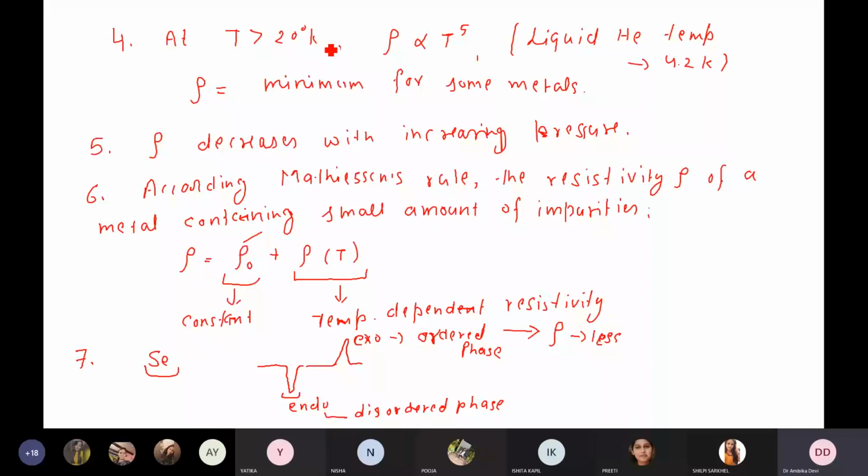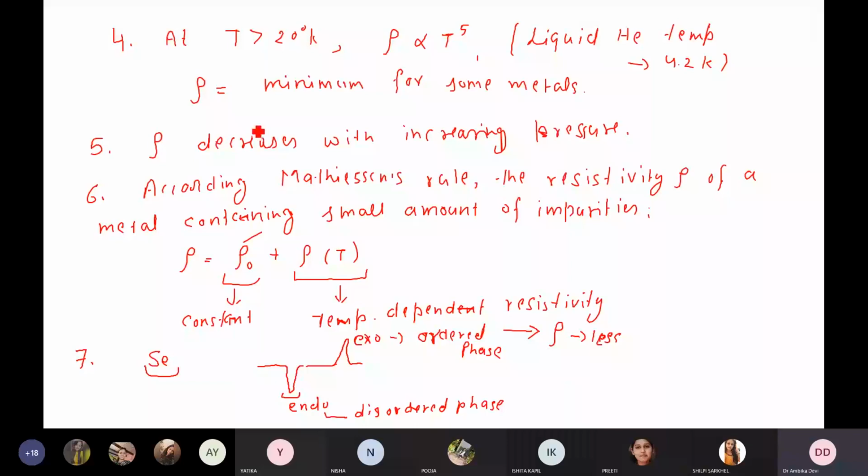And at liquid helium temperature, means the temperature at which helium can be maintained in the liquid state. Liquid helium temperature is 4.2 Kelvin, right? So at this temperature, rho the resistivity is minimum for some of the metals. These are two different situations, right?